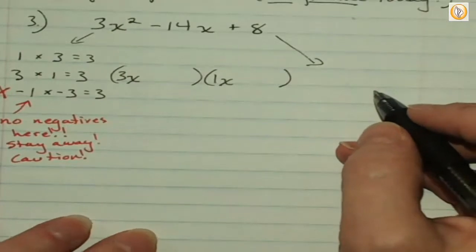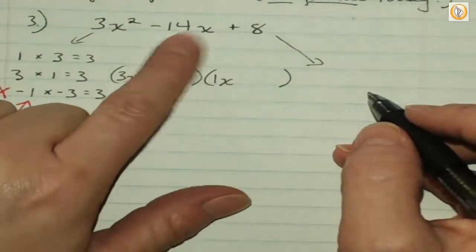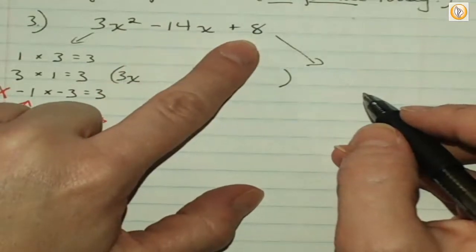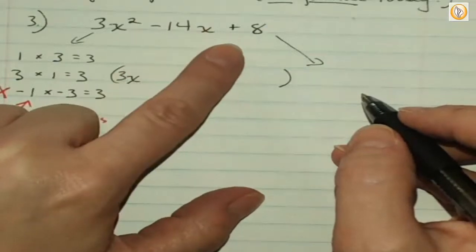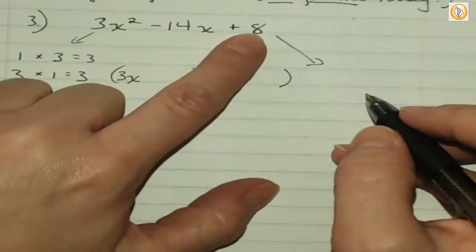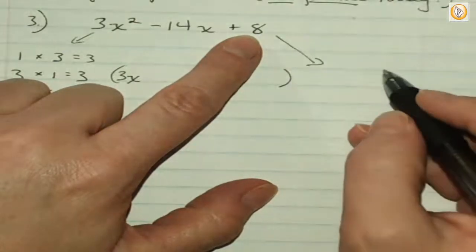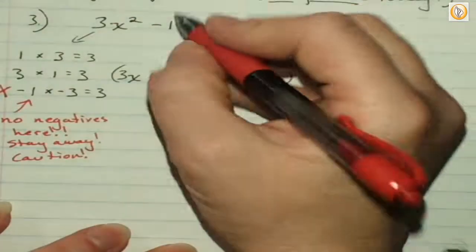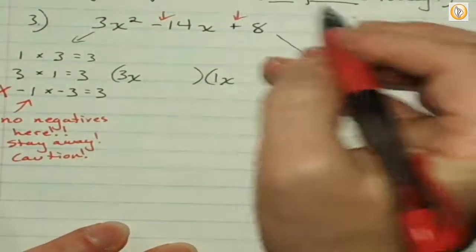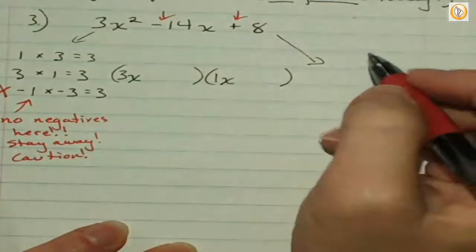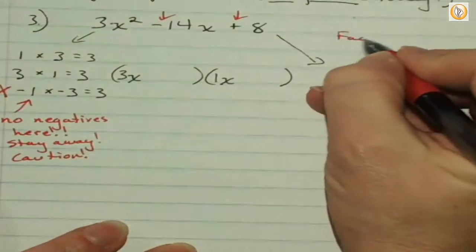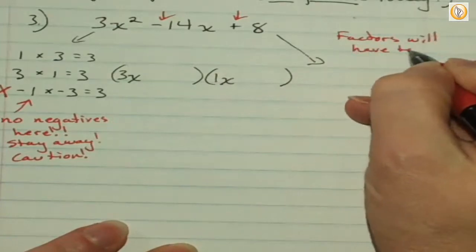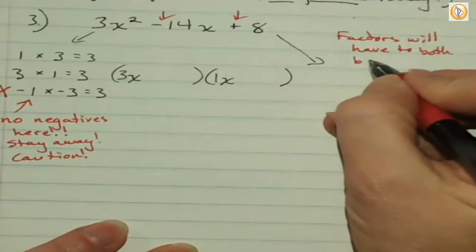By the way, if this is a negative and this is a positive, what will it have to be? What will the numbers, the factors to get positive 8 have to be? They're both going to have to be negative. So if you have a negative here and a positive here, these factors will have to both be negative.